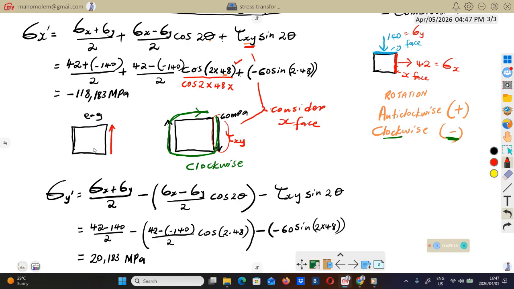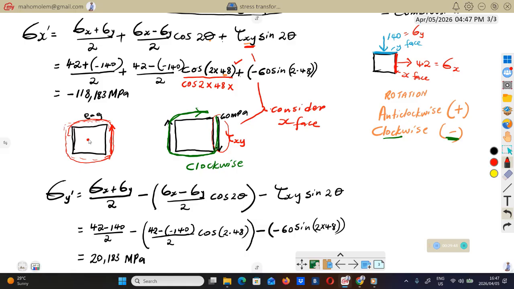If you have an upward arrow like that, and you move around this element in this direction, this will be anti-clockwise direction.